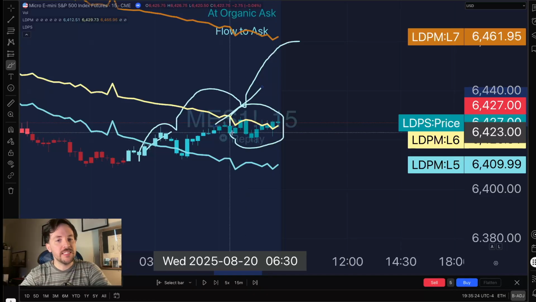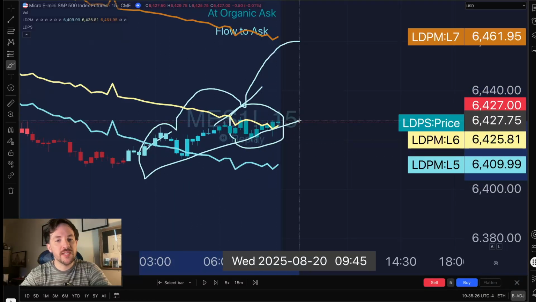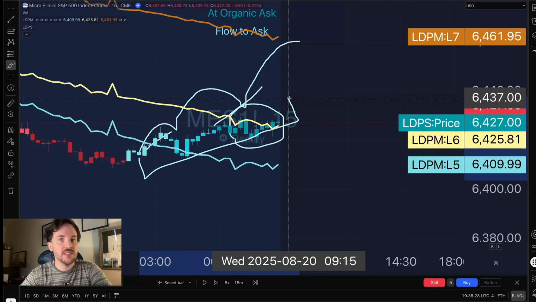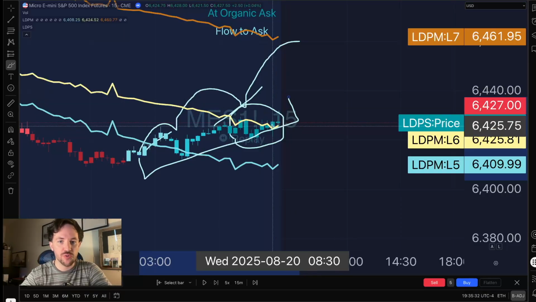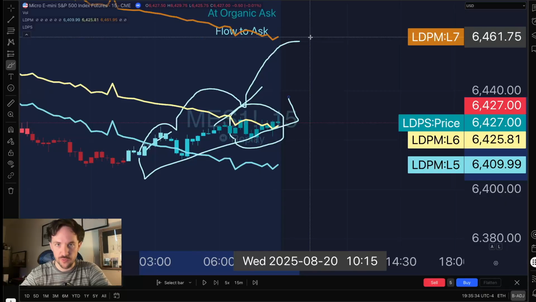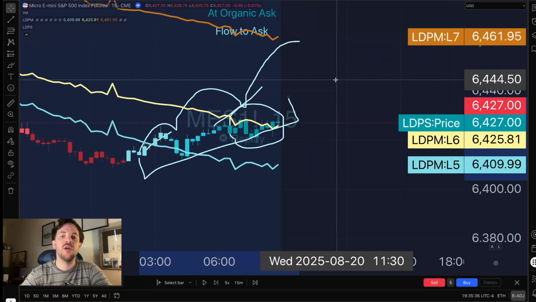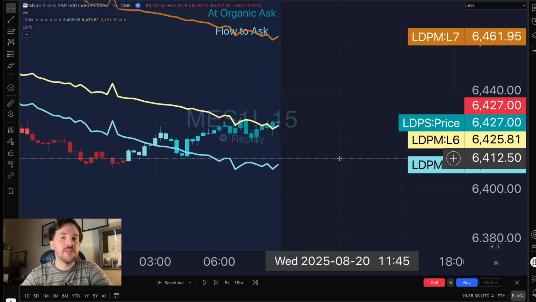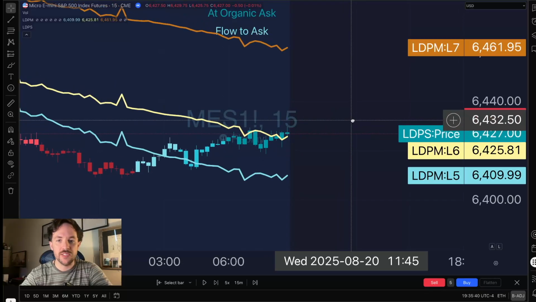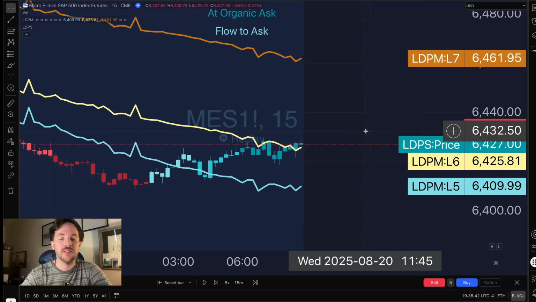Is the bullish force that LDPS is measuring going to continue? Is it going to hang around to digest through this resistance and move back up to LDPM L7? In the moment, there's a lot of questions that occur in the data purveyor's mind.